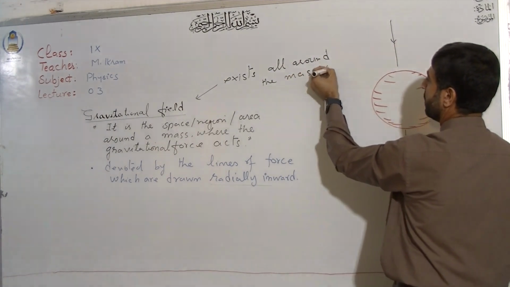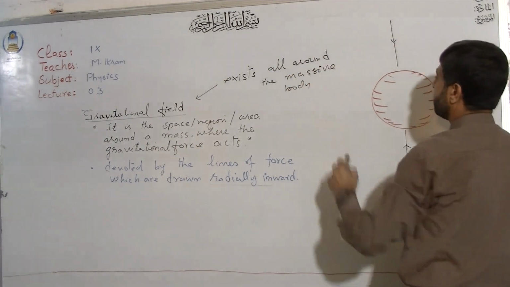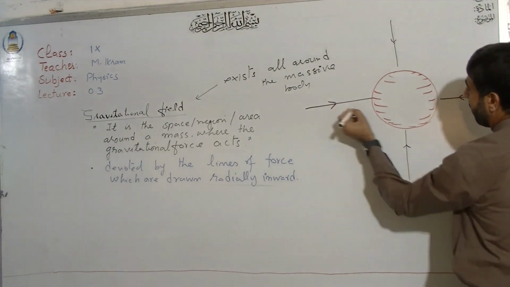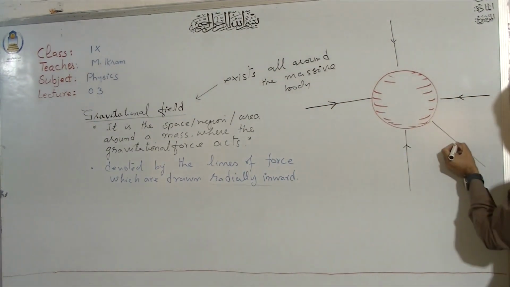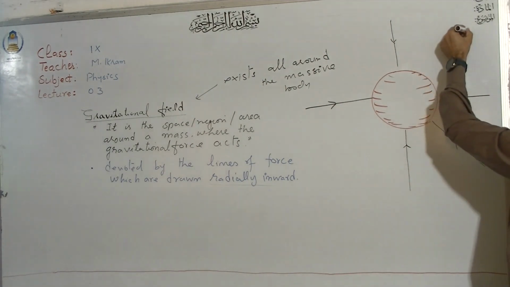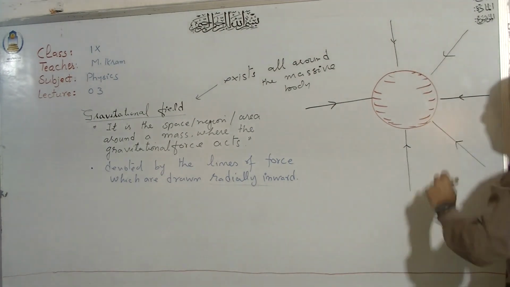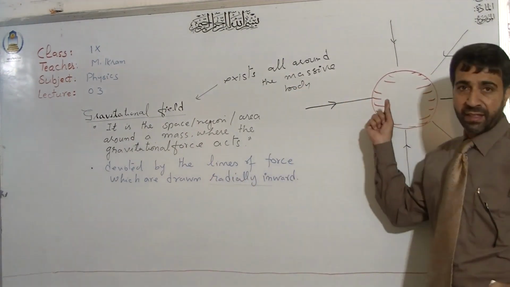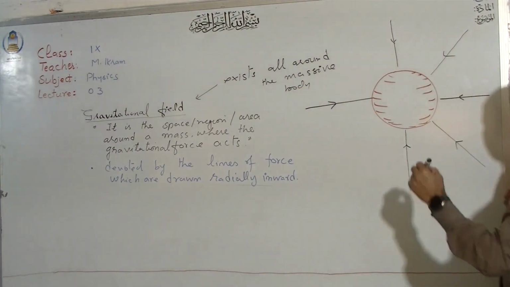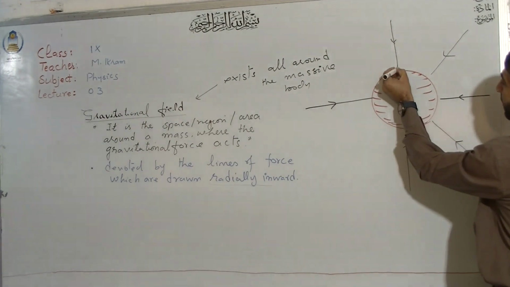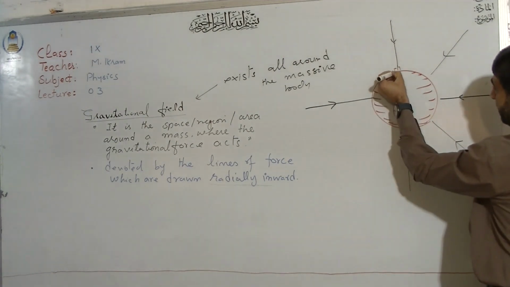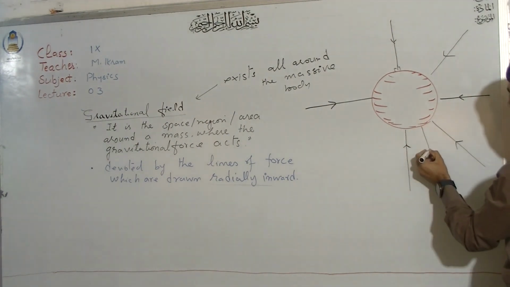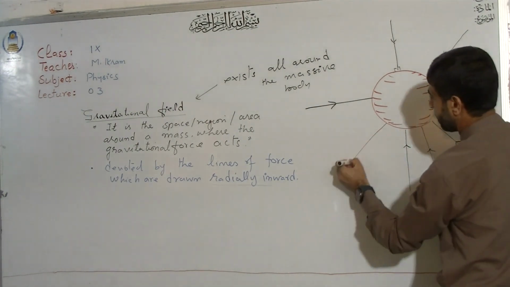The massive body or object, they exist all around. They will be denoted by these kinds of lines which are drawn radially inward. By radially inward, I mean that each line makes an angle of 90 degrees with the surface of the object, like this. These are radially inward lines, as you see.